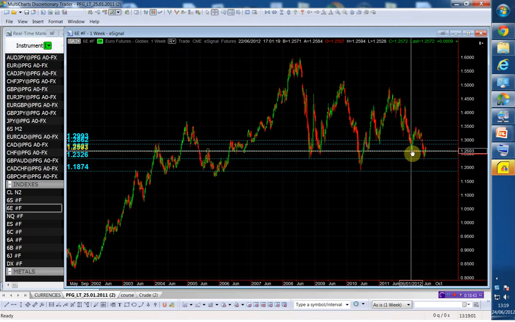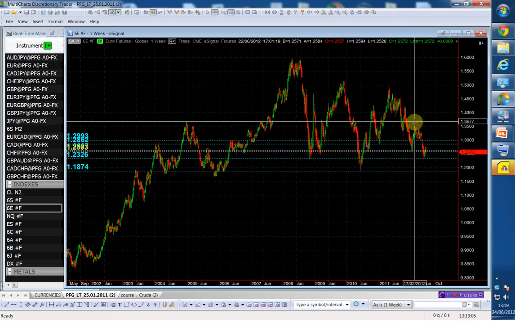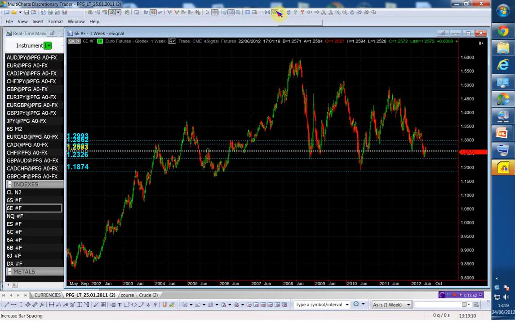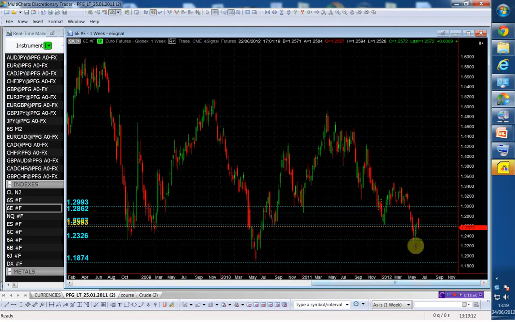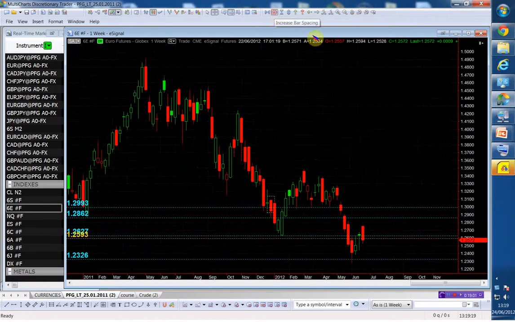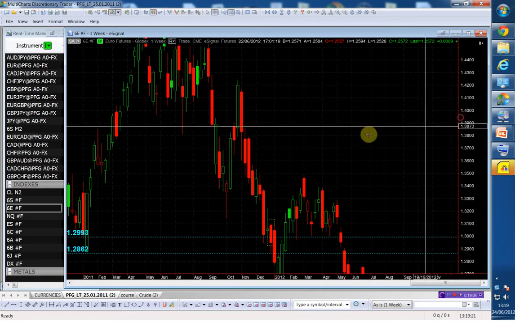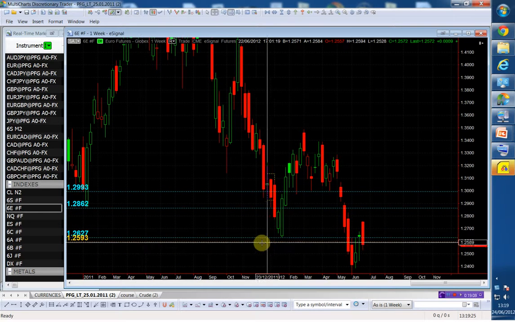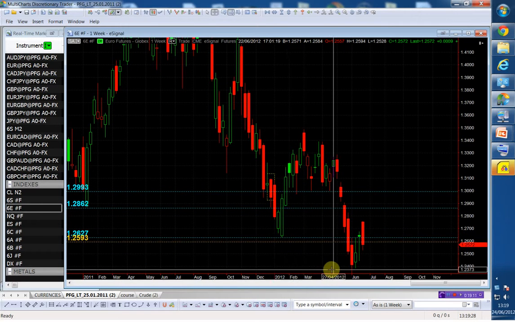So we broke the latest structure point that we have from the latest failure to make a higher high, which again is the most significant at the time being, the 125.93, and there is the other one. We have two structure points, one which is the 126.27 and the other one which is the 125.93.